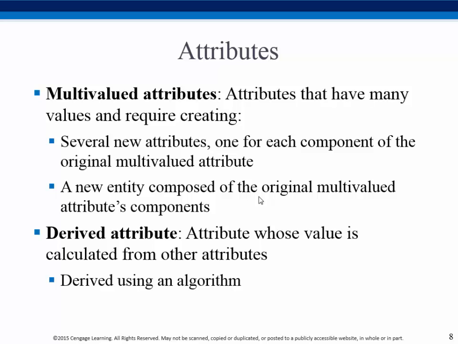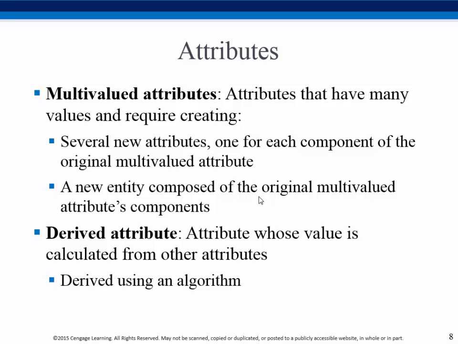And it tells you here multi-valued attributes have many values and require creating several new attributes, one for each component of the original multi-valued attribute, and a new entity composed of the original multi-valued attribute's components.